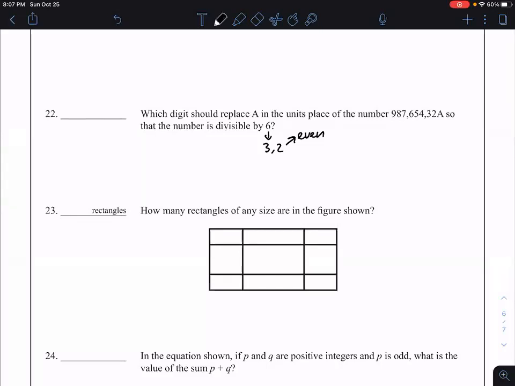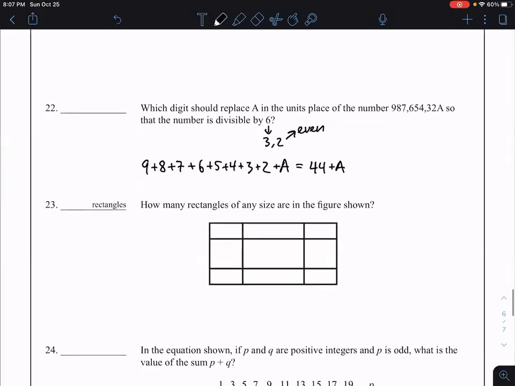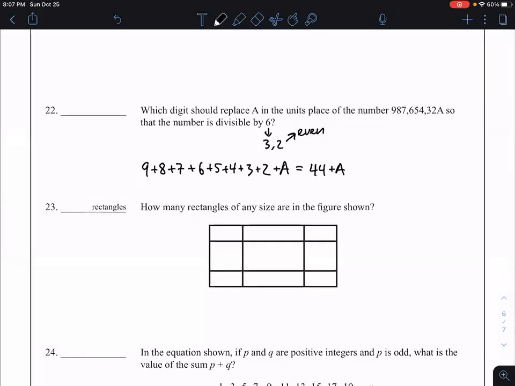So the first thing we're going to do is add up all of these digits. 7 plus 8 plus 8, 9 plus 8 plus 7 plus 6, 5, 4, 3, 2, and then plus A. This adds up to 44 plus A. And now obviously A has to be a positive integer.